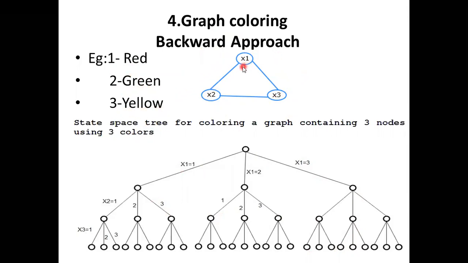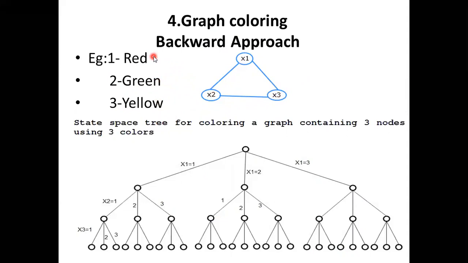See here, first x1 I can color using red, then x2 I can color using green, and x3 I can color using yellow. So many possibilities are there. Another possibility: x1 I can color using green, x2 using yellow, x3 using red.